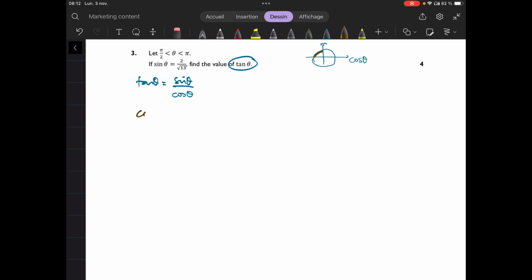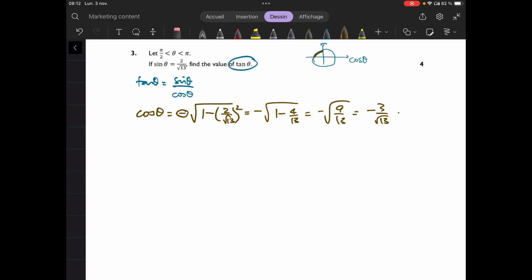So cos of theta has to be minus the square root of 1 minus sine squared of theta. And therefore, tan of theta is equal to 2 by root 13 divided by negative 3 by root 13, and that will give you negative 2 by 3.